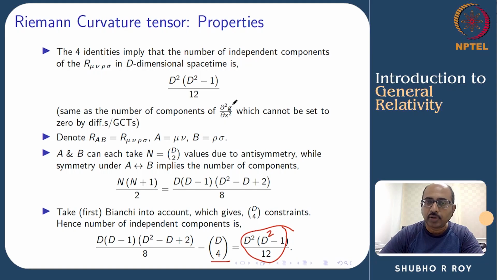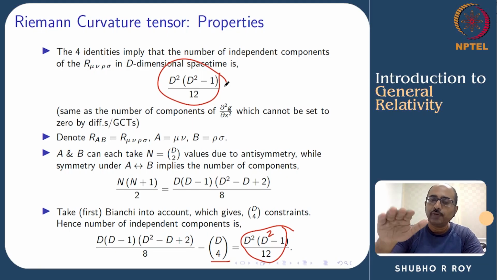And the number of second order derivatives of g which could not be set to 0 was exactly the same as the number of components of the Riemann tensor. So the Riemann tensor actually measures the failure to go to a freely falling frame and still make it Minkowski, that is, kill gravity altogether.